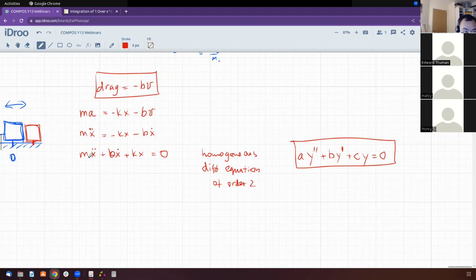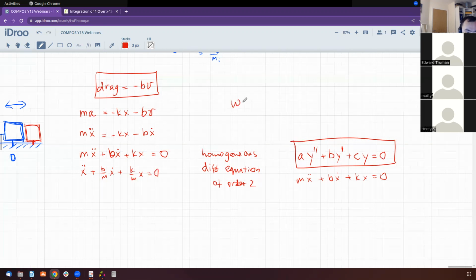And in our case, it's just m x double dot plus b x dot plus kx equals 0. And we divide by m. We have x double dot plus b over m x dot plus k over m x equals 0.